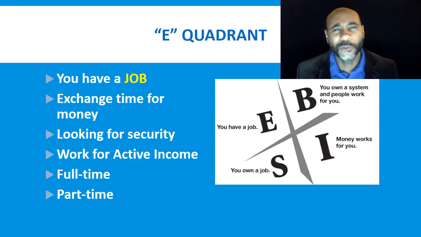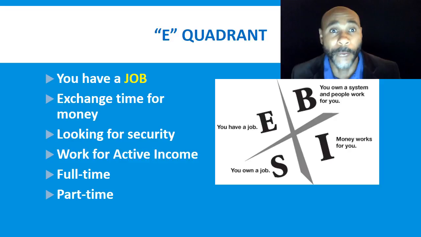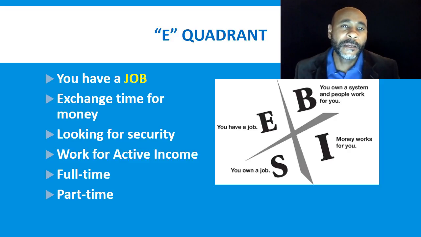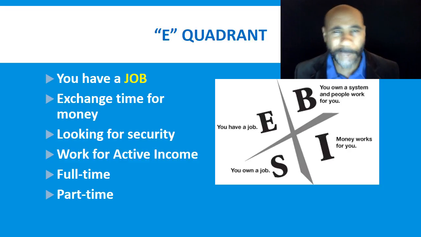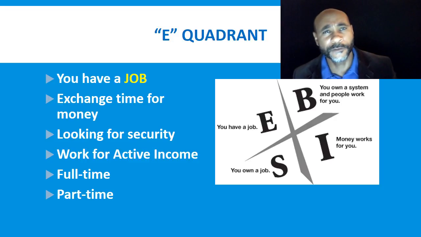All right, so let's now dive into what the E quadrant is all about. Guys, let's quickly review. E means employee. So when you are an employee, basically what that means is that you have a job, okay? Now let's take Coach D for instance. Coach D is a college professor.